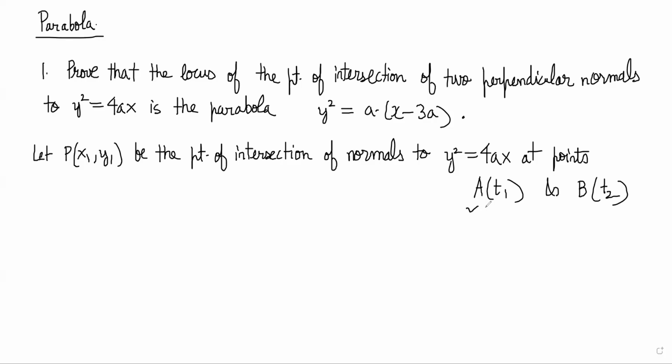So basically we have to draw normals at T1 and T2, and those will intersect at the point P, right? So equation of normal is given by Tx plus y is equal to 2at plus at cube.